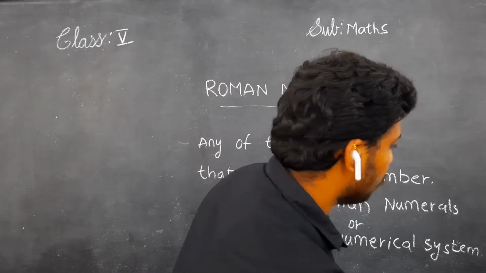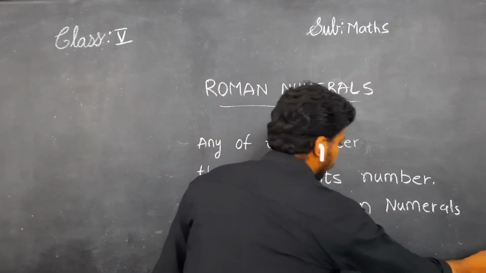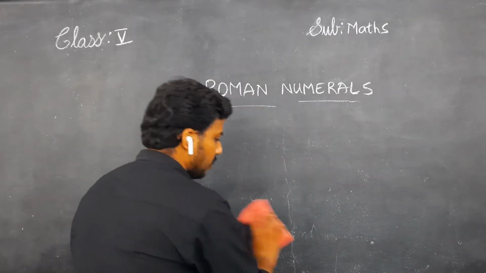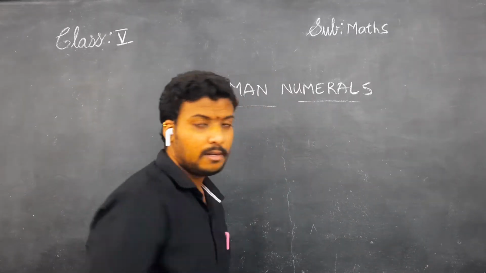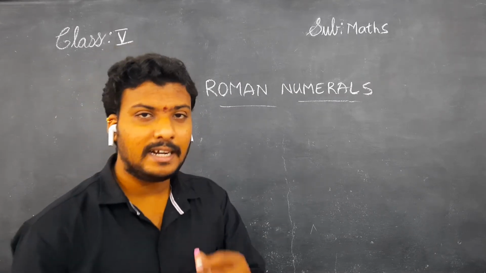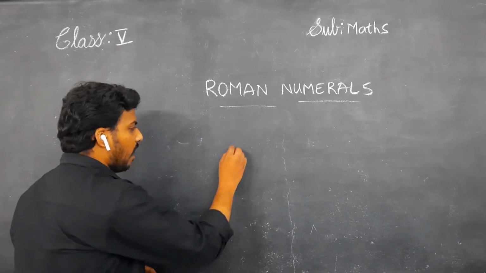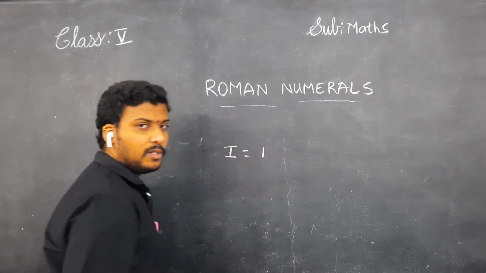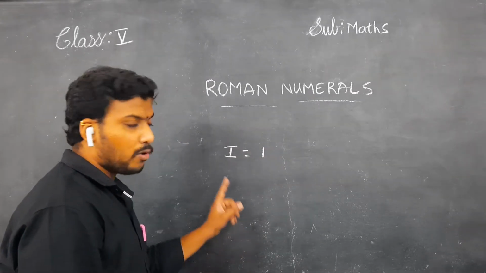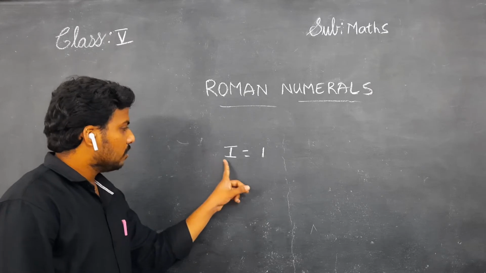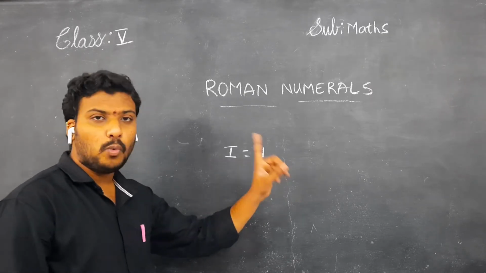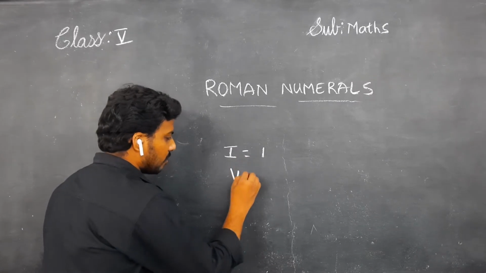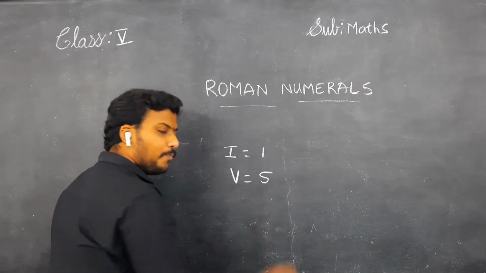Children, right now we'll see how we represent numbers by using letters. According to the Roman numerical system, the letter I equals 1. Next, V means 5.